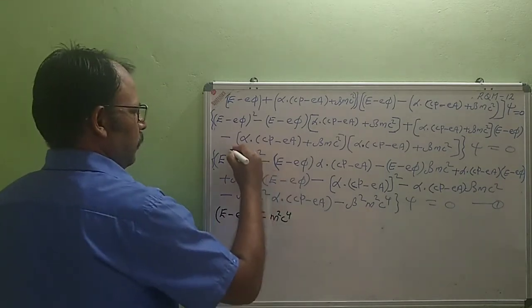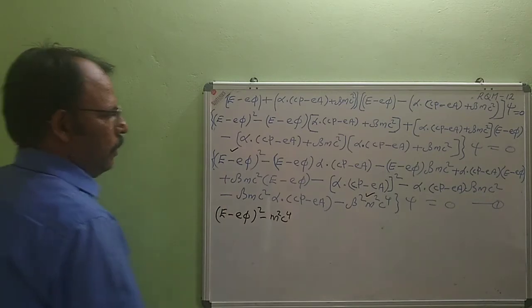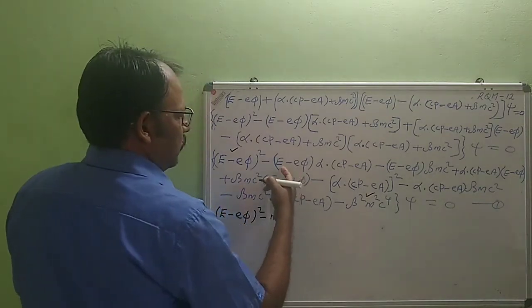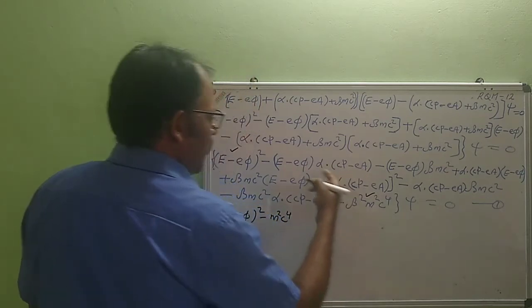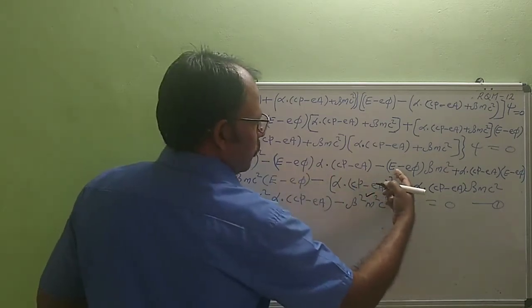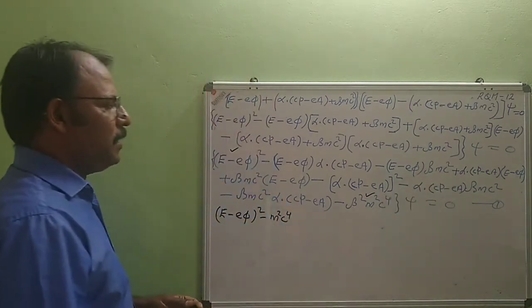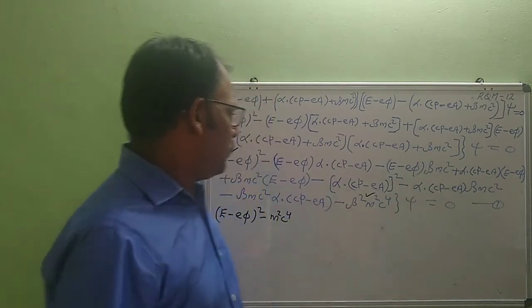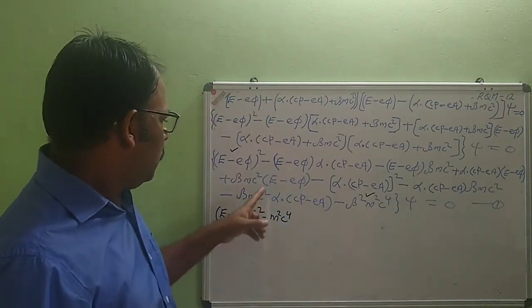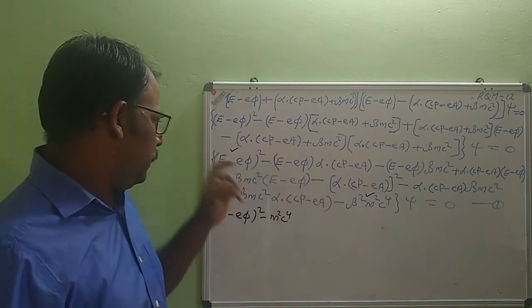These two terms I have written there: m square c raised to 4. Now minus E phi alpha dot (Cp minus Ea). Here minus (E minus E phi) beta m c square. Another term is there: E minus beta m c square into (E minus E phi).